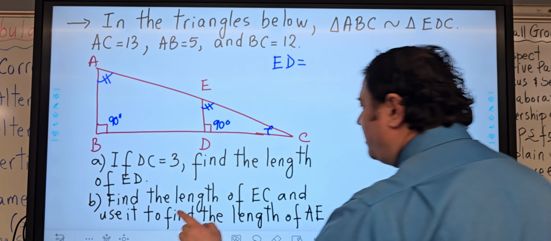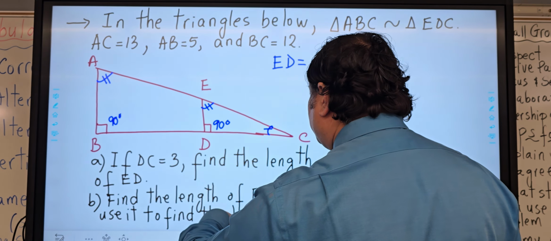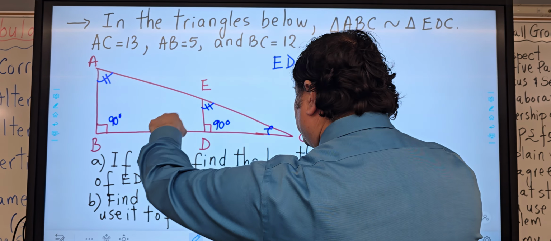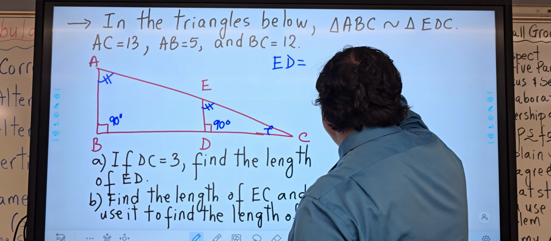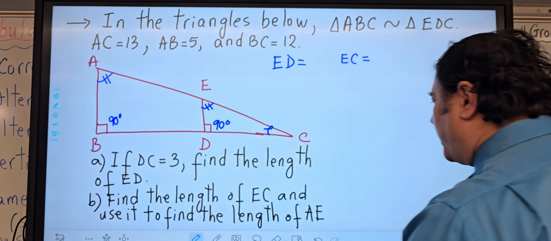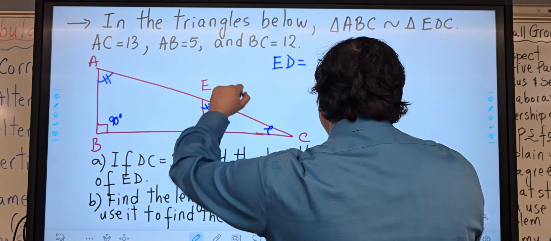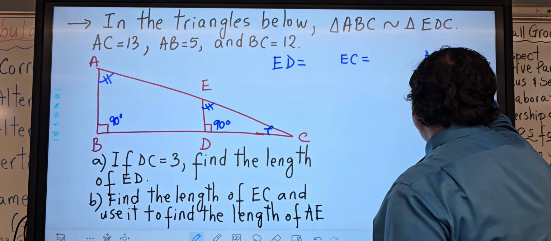Then find the length of EC, and we also need to find EC. Now we are going to use EC to find the length of AE.